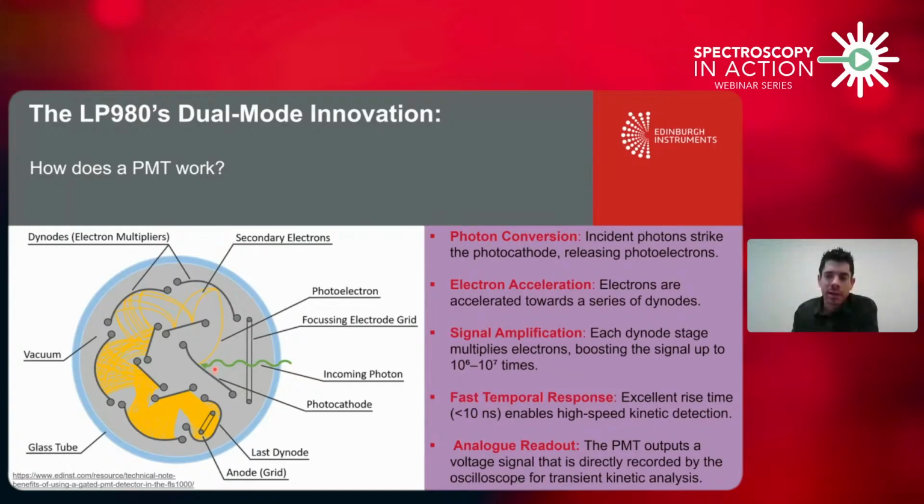These are then accelerated through a series of diodes, where each stage multiplies them, resulting in signal amplification by a factor of around 10 million. And thanks to its nanosecond rise time, the PMT is ideal for capturing fast kinetics. Finally, the PMT outputs an analog voltage signal, which goes directly to the oscilloscope. And this allows us to visualize and analyze the transient decay curve in real time.